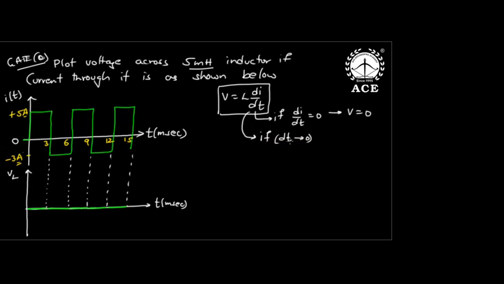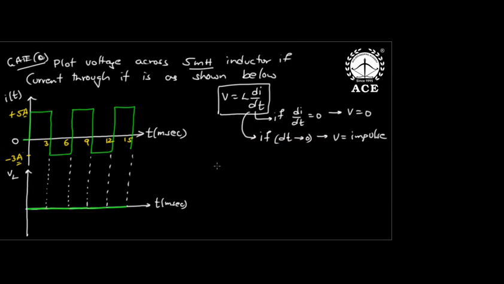But if you suddenly change, if dt tends to 0, then what voltage will come? V is impulse voltage. Yes, that is the difference. No change, short circuit. In an inductor, if you allow sudden change in a short interval of time, impulse voltage will come.